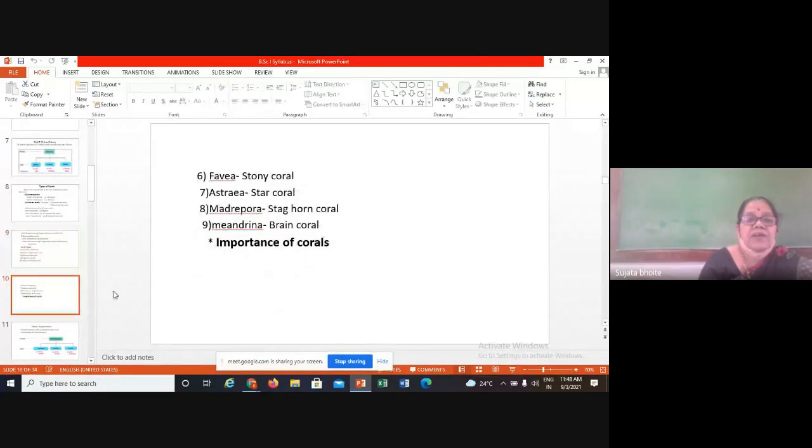Next is Favia, stony coral, and Astraea, commonly known as the star coral. Madrepora, the stag horn coral. And the last coral is Meandrina, commonly known as the brain coral. Generally, these are the list of the corals, and they have included them under these points.